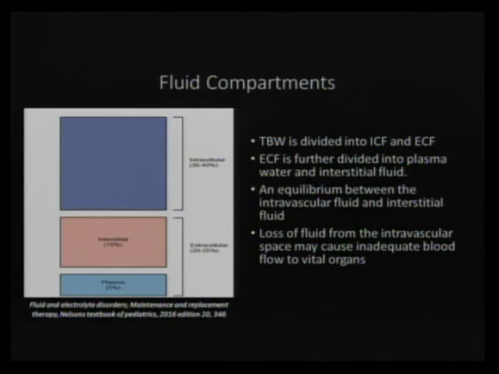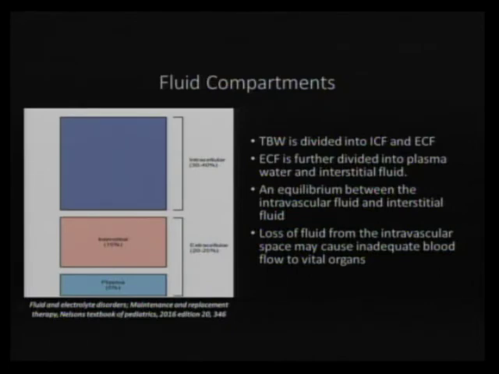Your ECF is further divided into plasma water and interstitial fluid. Plasma water makes up about 5% of your body weight, and blood volume makes up approximately 8%, and that's with a hematocrit of approximately 40. The volume of plasma water and interstitial fluid can be altered in pathologic conditions, including dehydration.